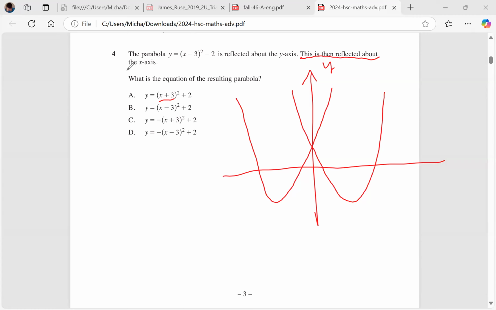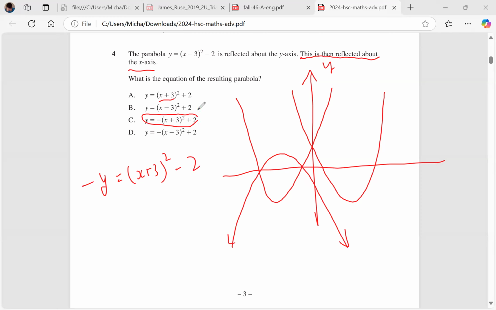This is then reflected about the x-axis. So then it's like this. Reflecting about the x-axis is changing y to negative y. So basically you get y equals (x plus 3) squared minus 2, and then you make a negative y. So then y equals negative (x plus 3) squared plus 2.